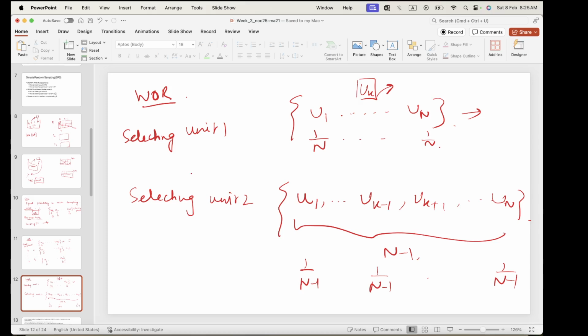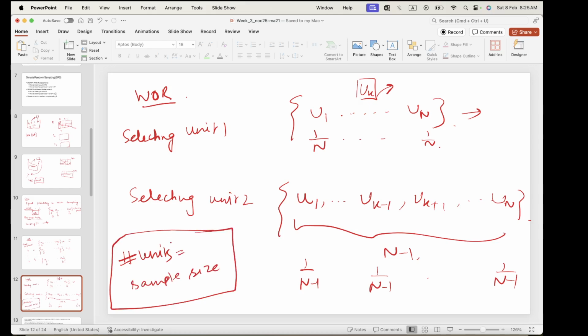But whenever this sort of repeating comes, where I'm selecting more than one unit, the number of units I select is actually my sample size.